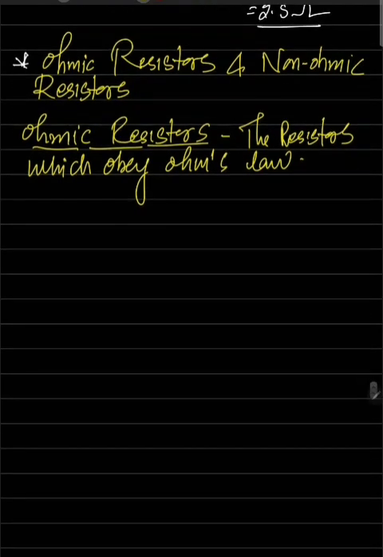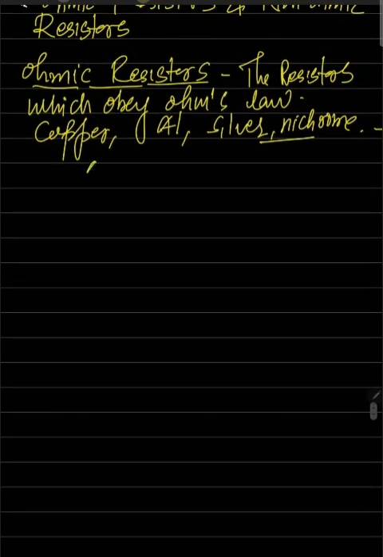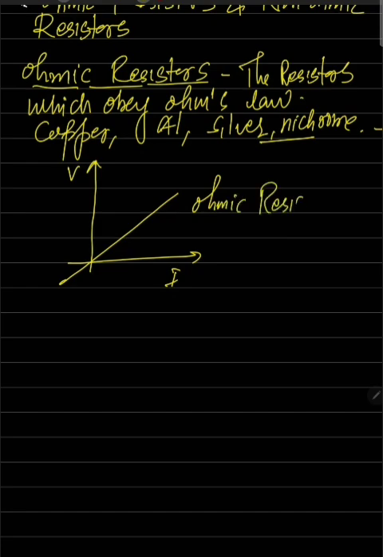The resistor which obeys Ohm's law is called an ohmic resistance, like copper, aluminum, silver, nichrome wire. There are lots of conductors, metals, which obey Ohm's law, so that's why it is called an ohmic resistor. And the graph of ohmic resistors is like that, V and I. So this one is the graph of ohmic resistors.